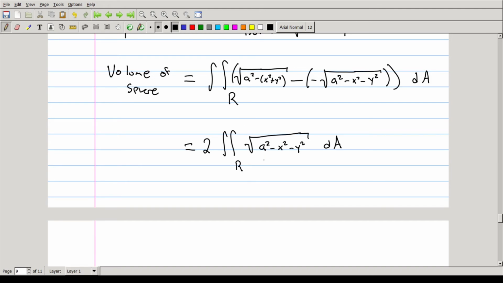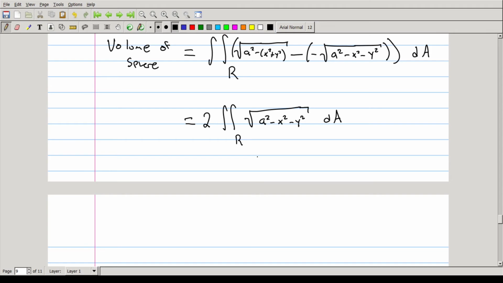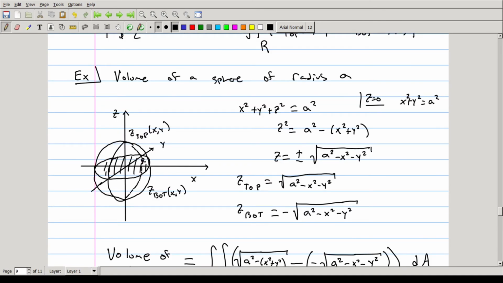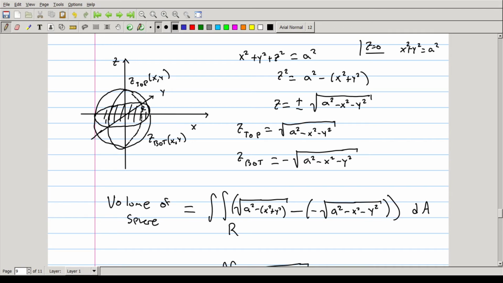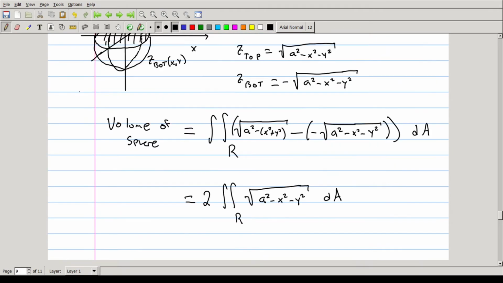So this integral can be set up and directly evaluated. We're integrating over the circle of radius a. So if you think of what this cross section is, the bounds are actually going to be the same as the bounds from the previous problem.